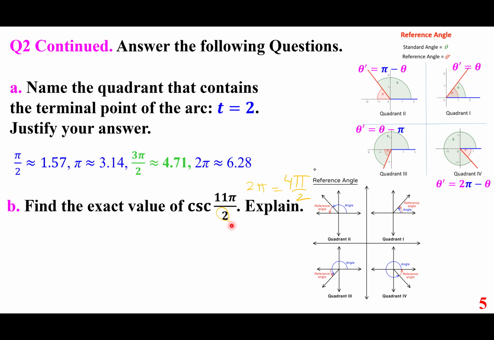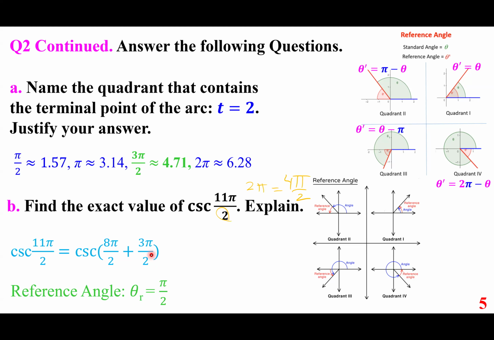For that matter, I can take out 8 pi over 2. So it's the sum of 8 pi over 2 and what? 3 pi over 2. So this is the same as cosecant of 3 pi over 2. And cosecant is 1 over sine. So it's 1 over sine of 3 pi over 2. And 3 pi over 2, the reference arc is pi over 2.